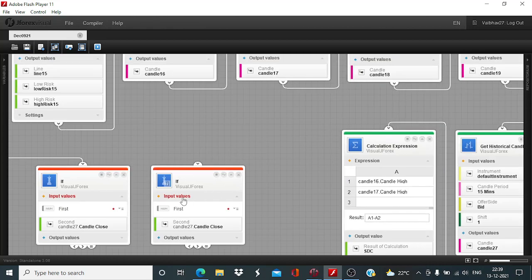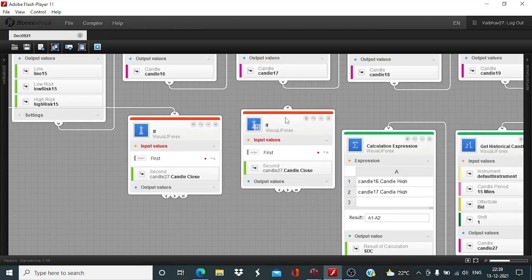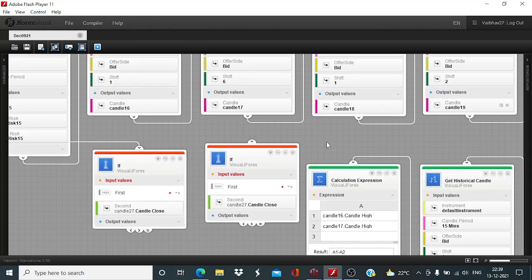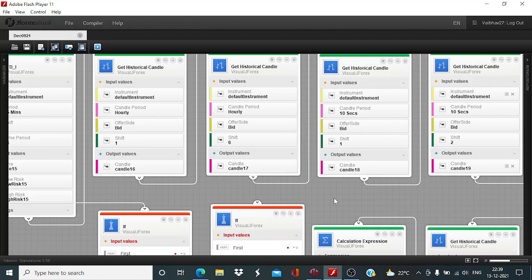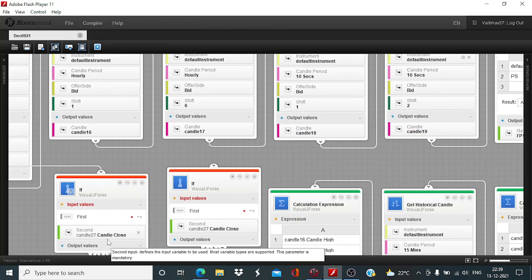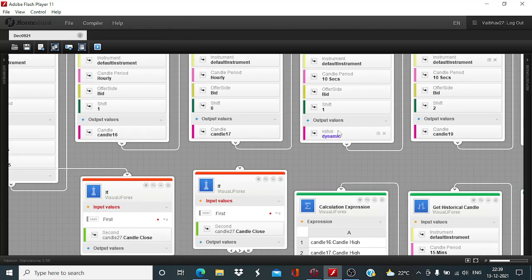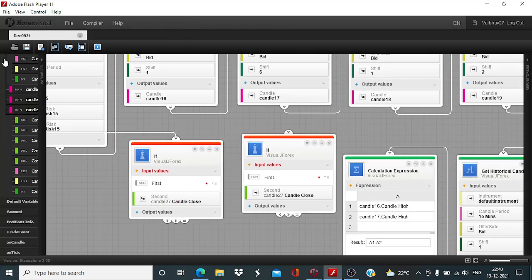And we take candle 18 candle close and candle 19 candle close and compare it to the candle 27 candle close. Candle 18 has the look back period of 1, so we will need it to have closed lower.